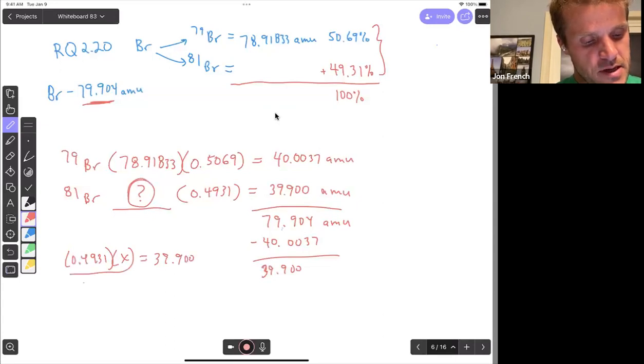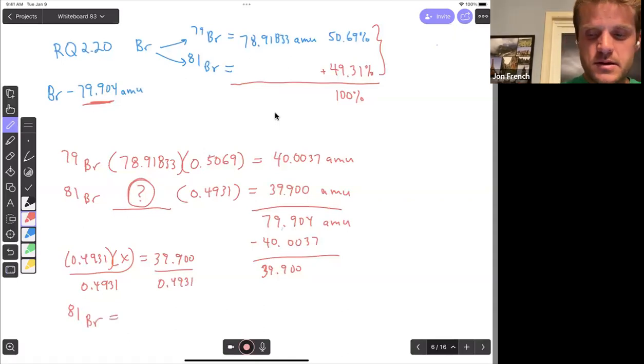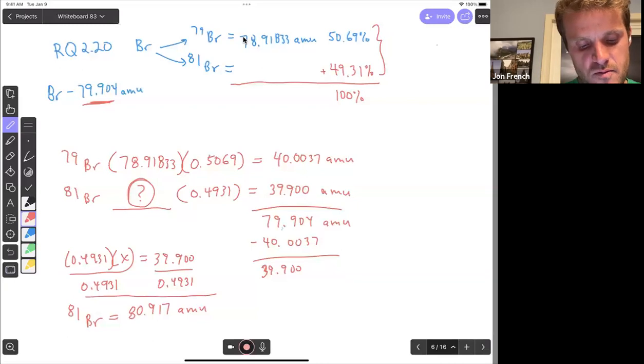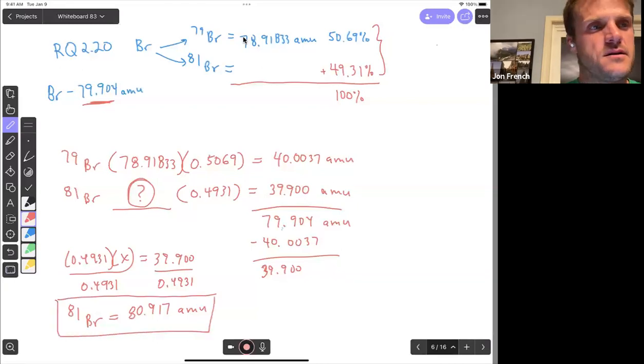So divide both sides by 0.4931, and we're going to find that the mass of bromine 81 is approximately 80.917 AMU. So a little bit of a roundabout way, but we can use kind of the same setup we used in class to find the weight of that isotope.